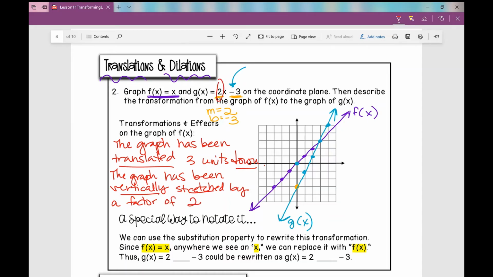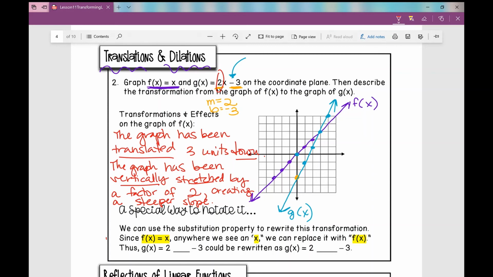This factor right there, creating a steeper slope. Because it's been stretched by a factor of 2, this slope is steeper. If I compressed it by a factor of 1/2, for example, it would be flatter. It wouldn't be as steep.